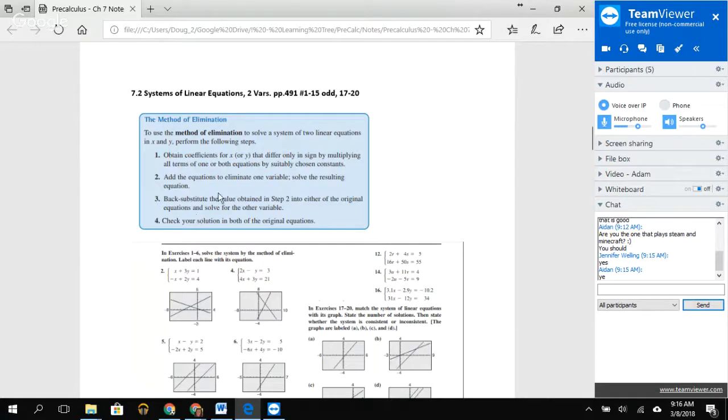You'll see up here there's some steps to the method of elimination, but we want to first obtain coefficients for x or y that differ only in a sign by multiplying all the terms of one or both equations by suitably chosen constants. Okay, sounds very formal. And then we want to add the equations to eliminate one variable, solving the resulting equation. Back substitute the value into one of the original equations, and then check your solution in both of the equations.